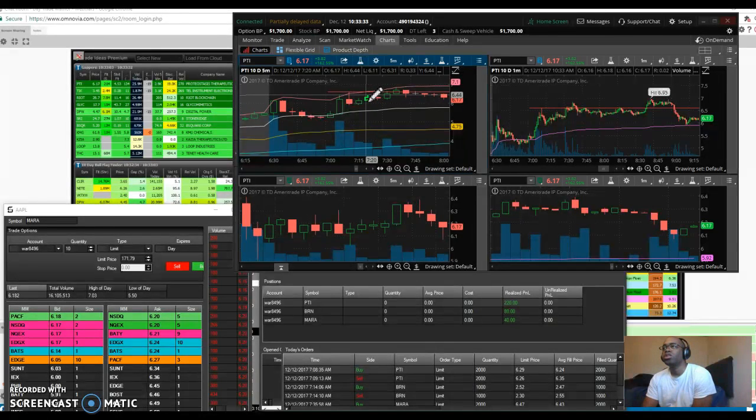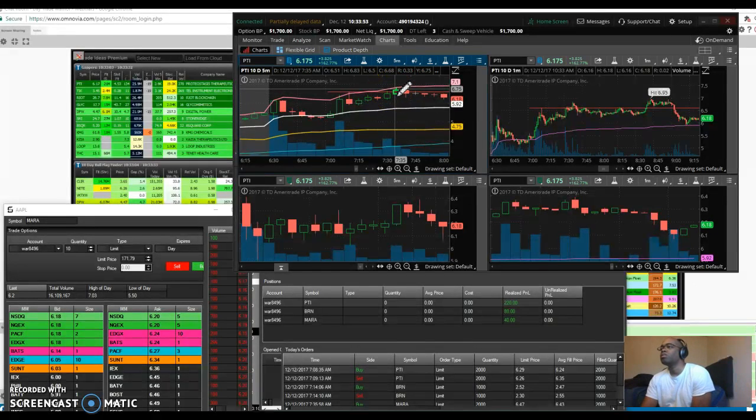So this could have been a potential buy-in area. If you weren't going to have a strategy to break high of day, which was up here, you could have opted in here.